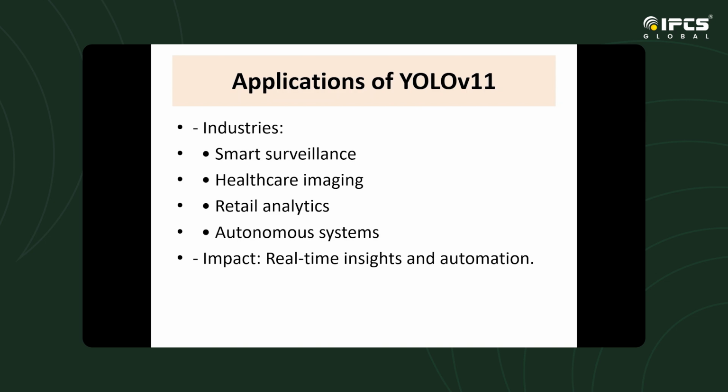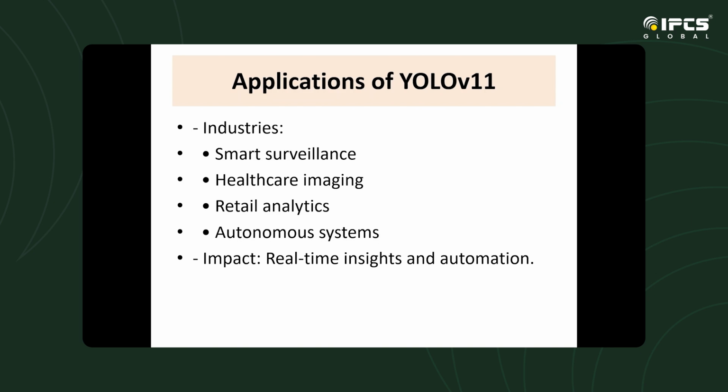There are also autonomous systems where we require computer vision. It plays a crucial role in autonomous driving and robotics, where it helps vehicles or robots detect obstacles and other essential objects for safe navigation.